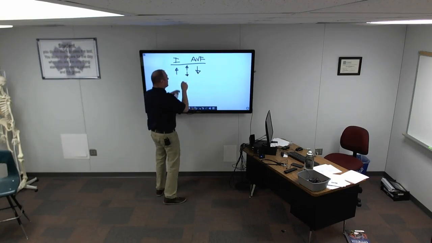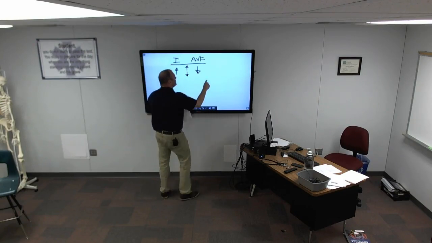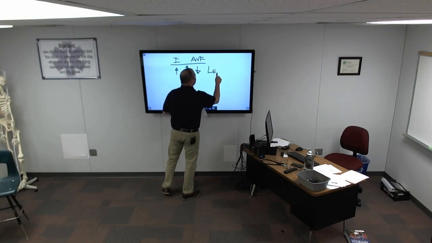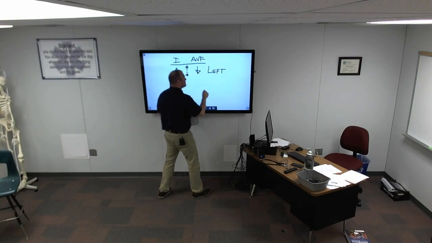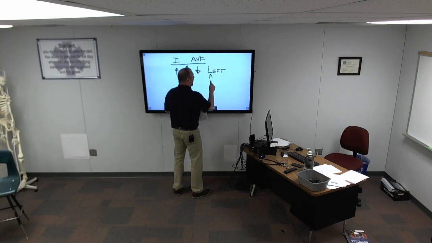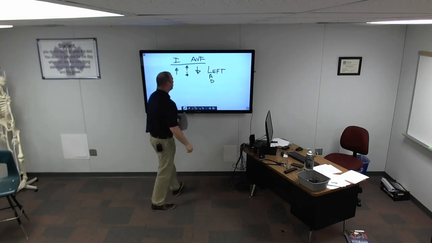They were here in the center and they went apart from each other. So they have left. Boom. That looks weird, doesn't it? Anyways, there we go. They've left each other, so it is left axis deviation.